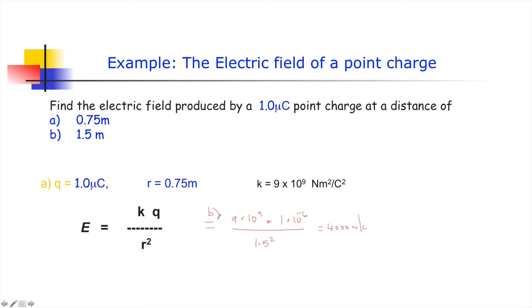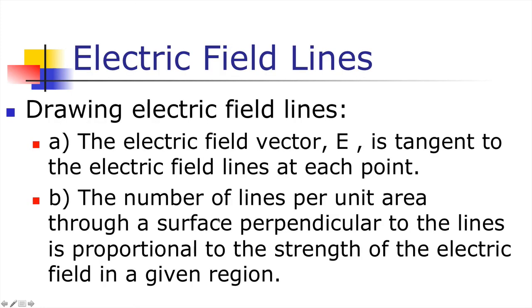The equation is the same, the only difference is the distance. So how do you draw electric field lines between two objects? There are rules for how you draw the electric field. Those are the following rules. The electric field vector is always tangent to the electric field line.